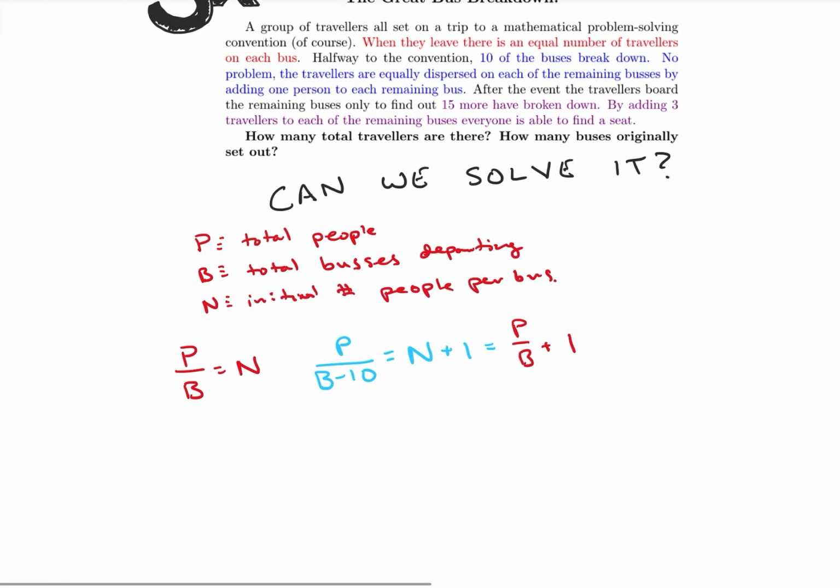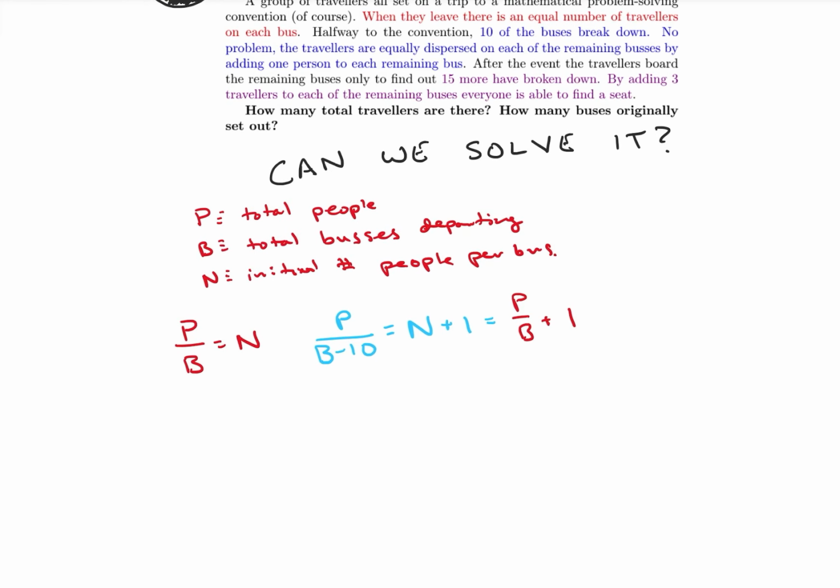So let's look at this equation and see if we can get it in a different form. Let's try to solve for the number of people in terms of buses. If I make this P over B minus 10 minus P over B, we have that equal to 1. Let's multiply both sides by B times B minus 10 to get those numbers out of the denominator.